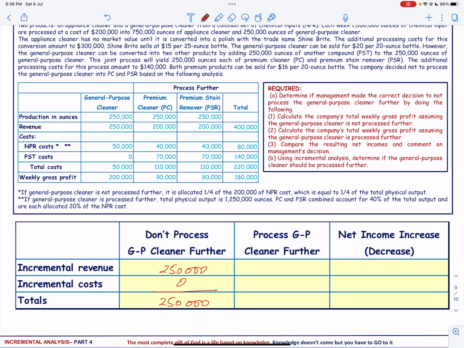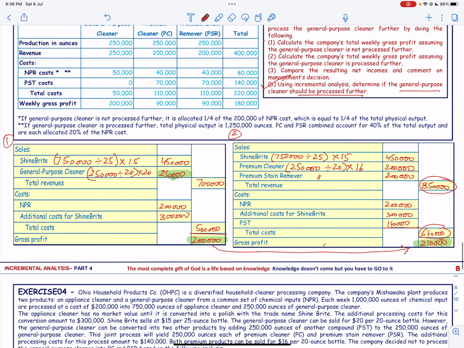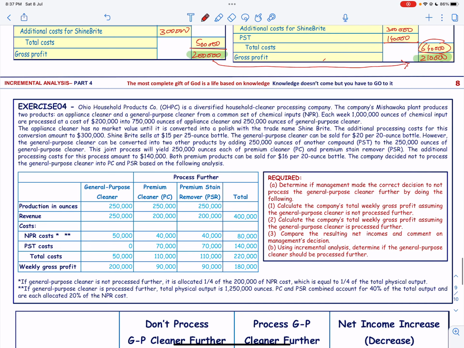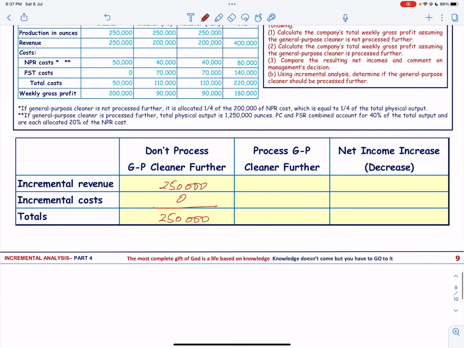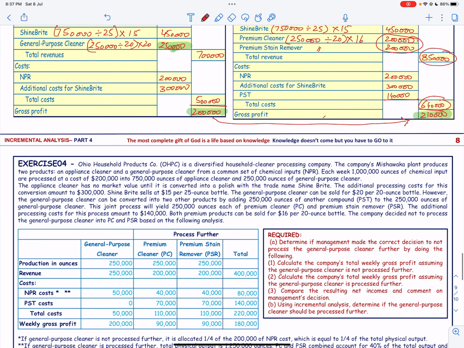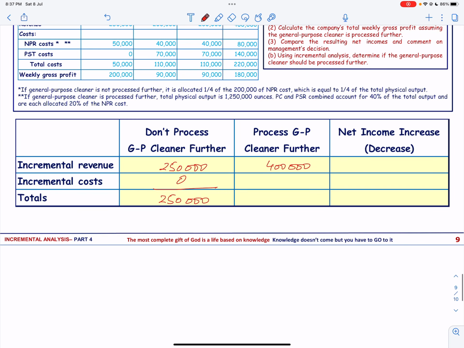If we process further, then the incremental revenue will be 200 plus 200, that is 400,000, and there will be an incremental cost of 140,000. So this will give us a positive 260,000.